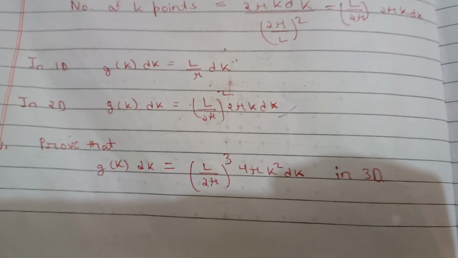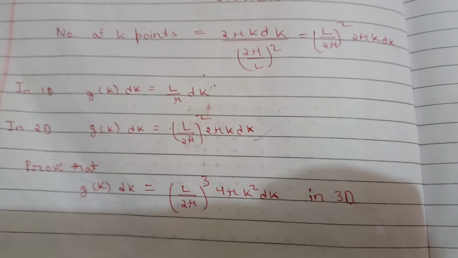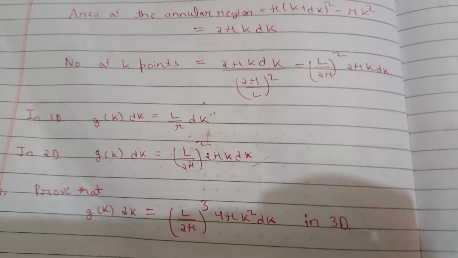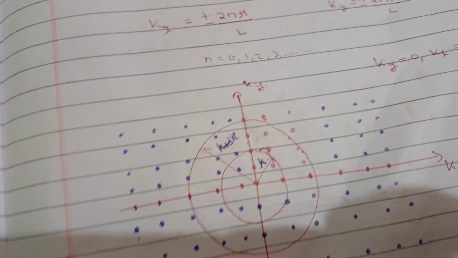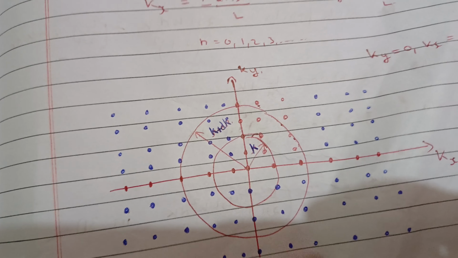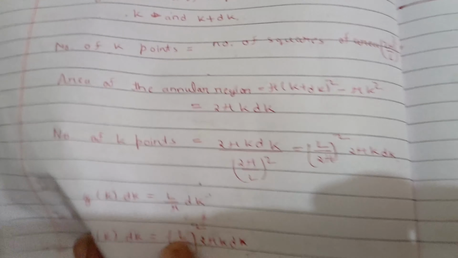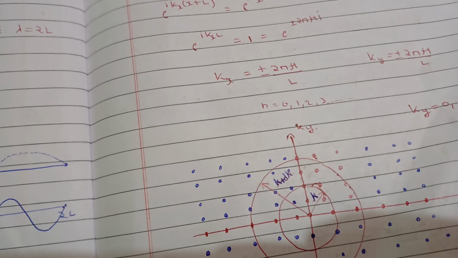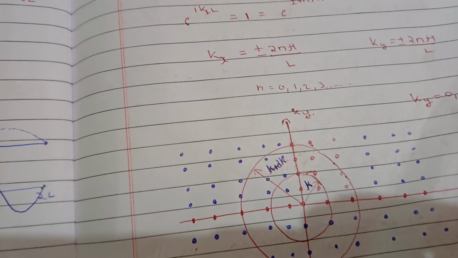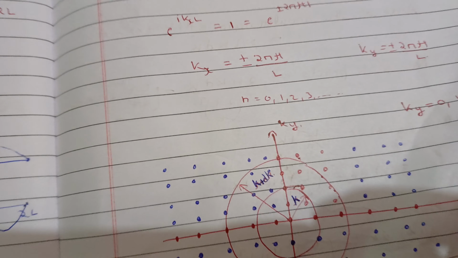I hope you tried, but if you got stuck somewhere, let me tell you that just like in 2D we found the area of the annular region and divided it by the area of one square, which gave us the number of squares, and that was the number of modes.